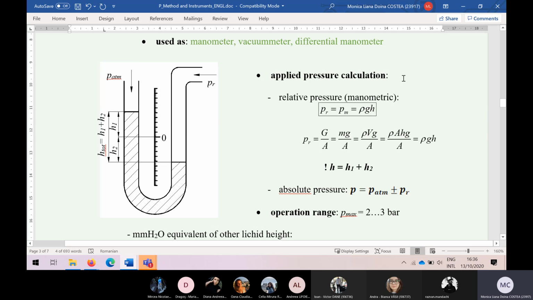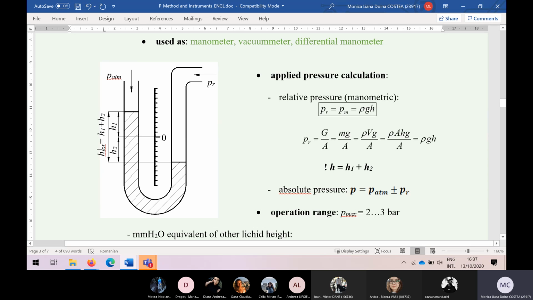How we determine the pressure using the indication of the apparatus is given in this short derivation, but first of all, let us have a look at what's happening here. When we apply this relative pressure, it will determine the liquid to rise in the left branch and to create a height difference of H total.